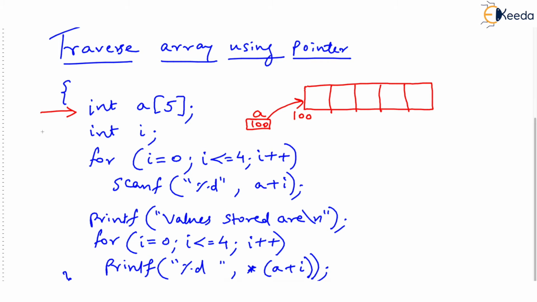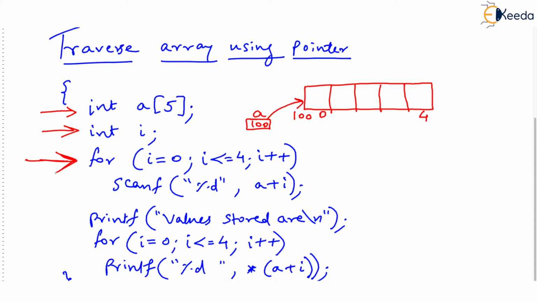We have also declared one integer variable I so that we can start a for loop. Our intention is to scan all the elements of the array, from the 0th element up to the 4th element. So we will ask the operator to input A0, A1, A2 and so on. Now check this for loop.